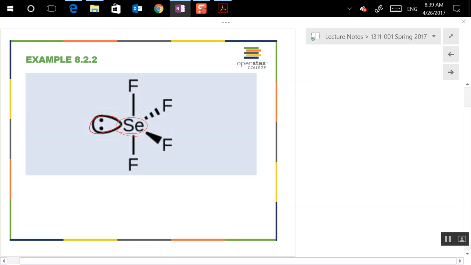This is a lone pair. sp3d. Right? 1, 2, 3, 4, 5. So sp3d. 1, 2, 3, 4, sp3. 1, 2, 3, sp2. 1, 2, sp. Okay?